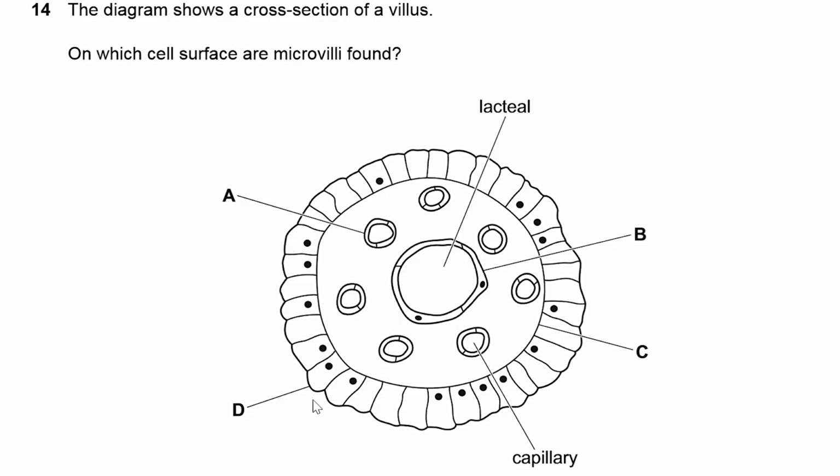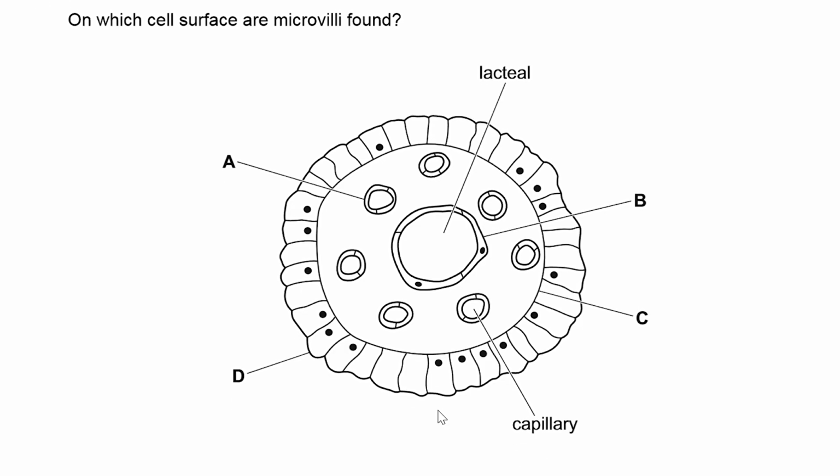And you have part D, and these are like some cells within the villi. Now, the villus is within the small intestine. Microvilli are usually small foldings on top of, or around the membrane of, the villus cells. So these ones will definitely be represented by letter D. Alright, so it is D.